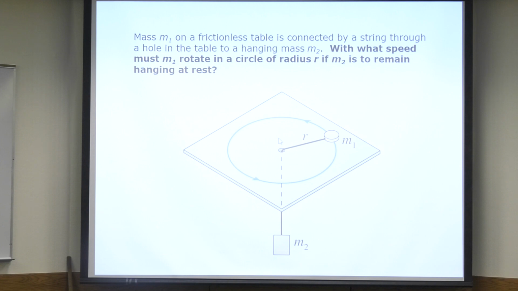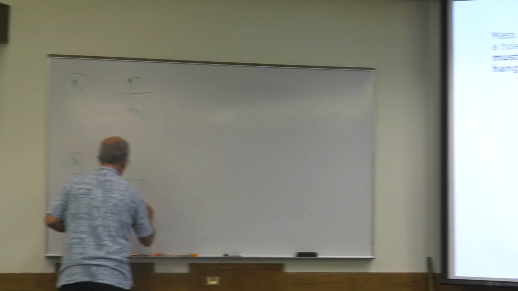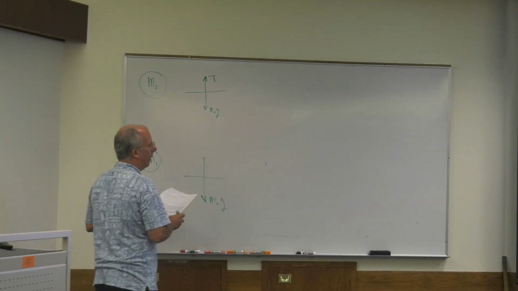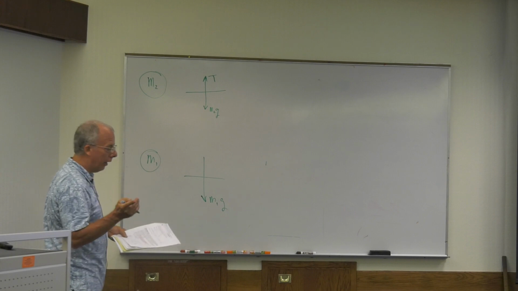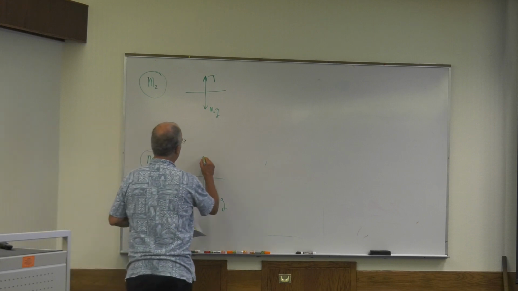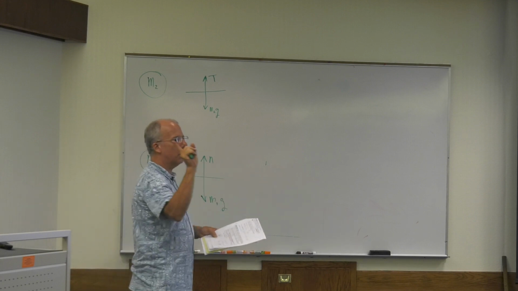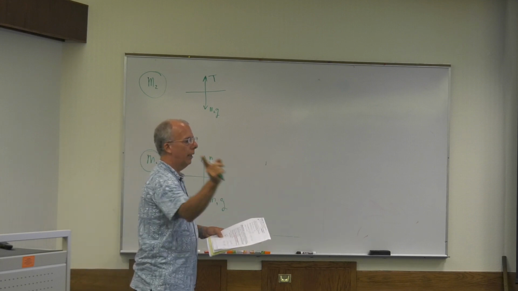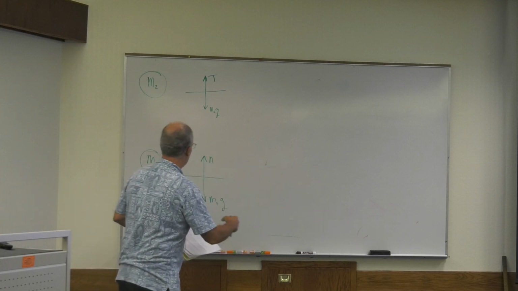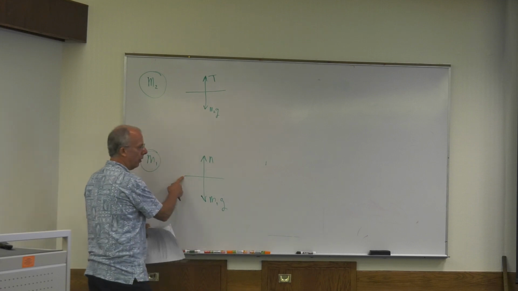And then M1, what are the forces acting on M1? Well, gravity, so there's M1G. Now there's a normal force too, so there's N1 or N, whatever. Now look at it, it's going in a circle, and so let's say that this is the center of the circle.